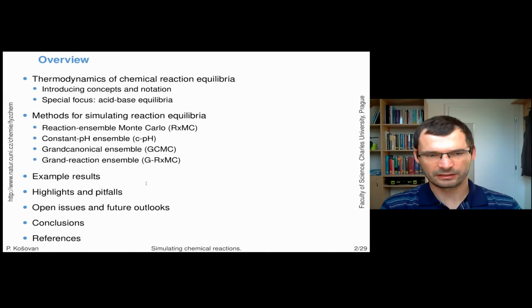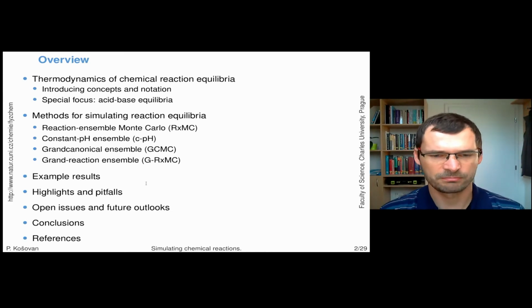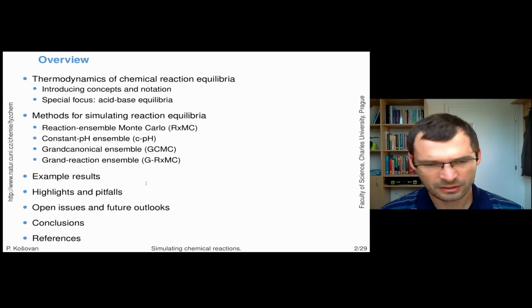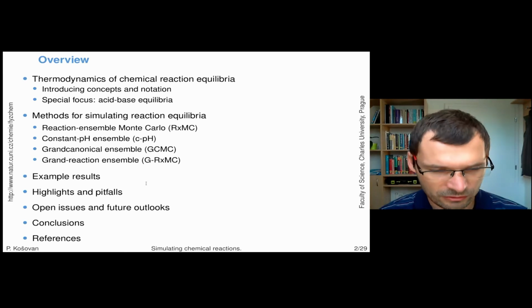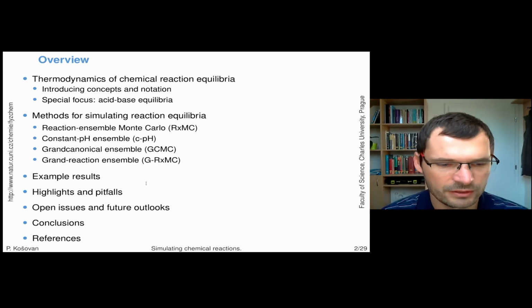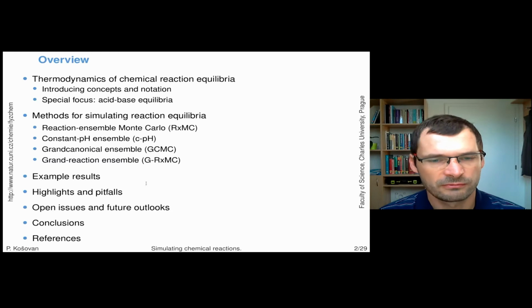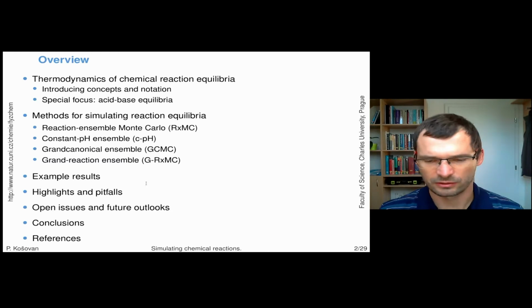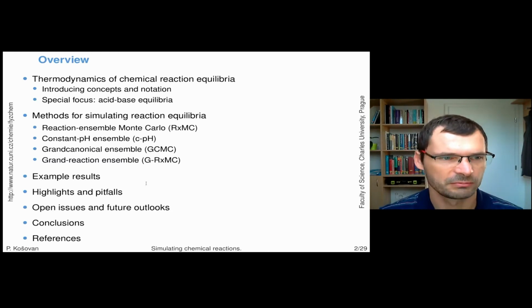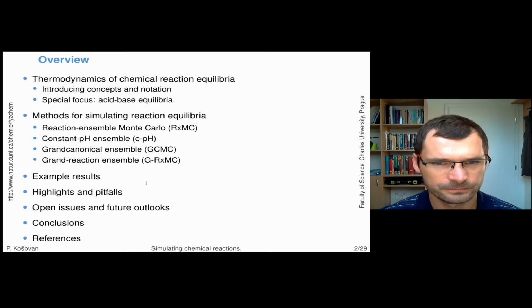Finally, at the very end, I want to mention some open issues and future outlooks. That comes in the concluding section, and after the concluding section, I provide a full list of references to literature that I will be citing throughout the presentation.